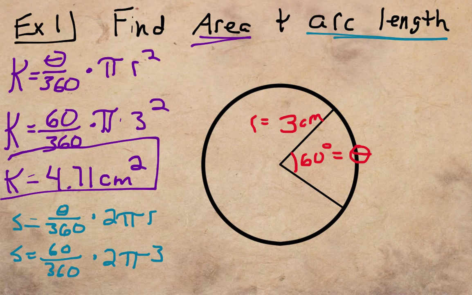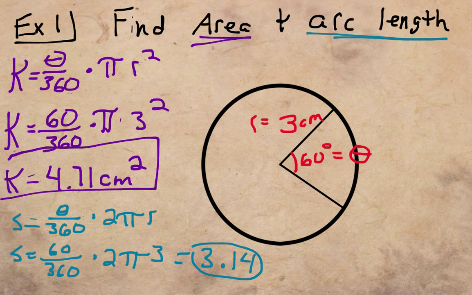2 times 3.14 times 3. Oddly enough, I get 3.14 is my arc length.